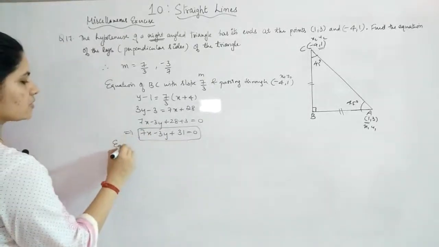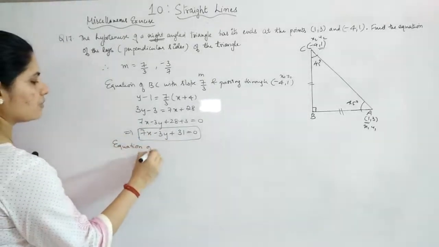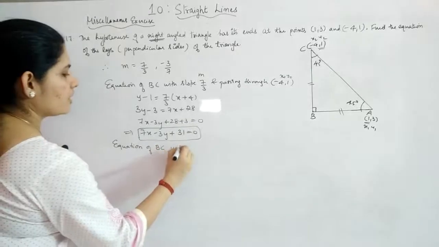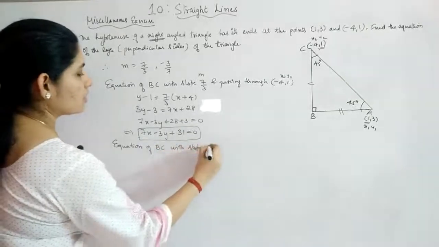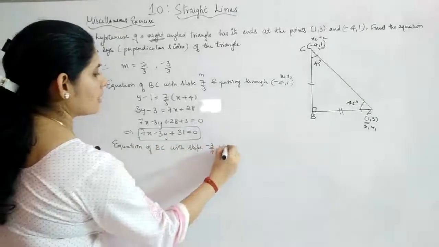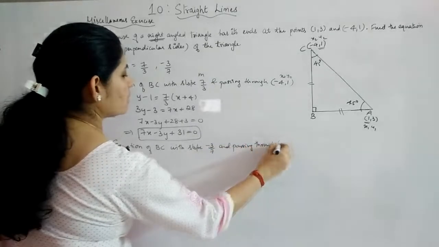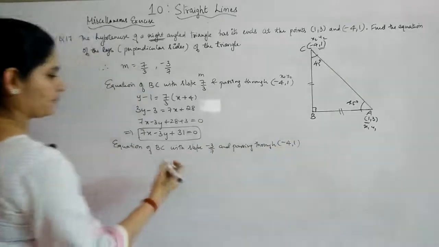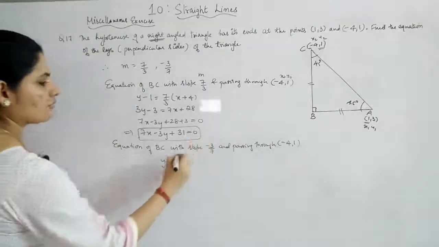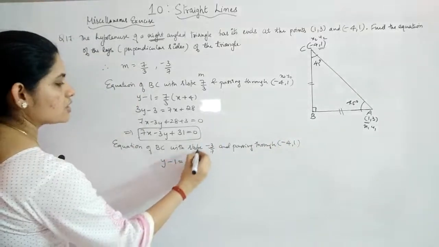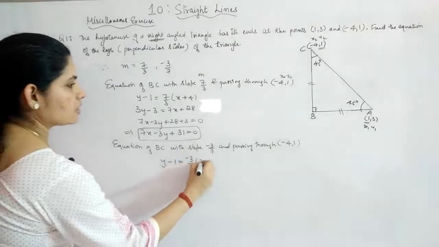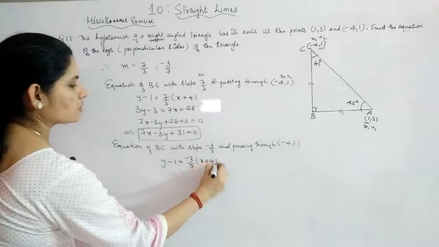Now again you will get one more equation for the same line BC with slope minus 3/7 and passing through the same point minus 4,1. So it will be y minus 1 is equal to m, which is minus 3/7, into x plus 4.